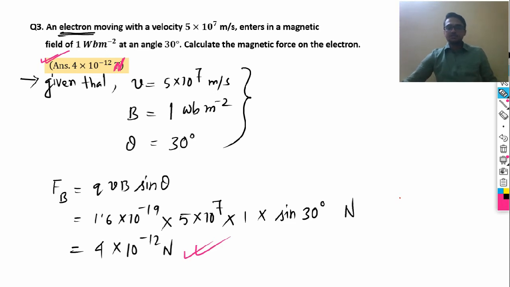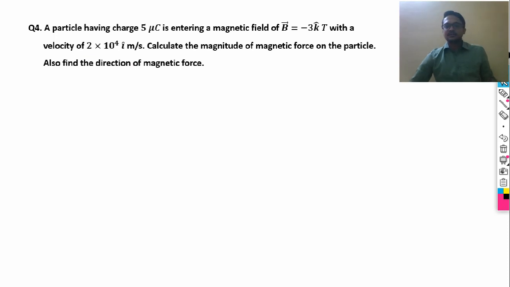Moving to the next question, question number 4. Students, this is question number 4. Read the question again and note down the given quantities, as I always tell. A particle having charge 5 microcoulomb, so given that q equal to 5 microcoulomb, that is 5 × 10⁻⁶ coulomb.